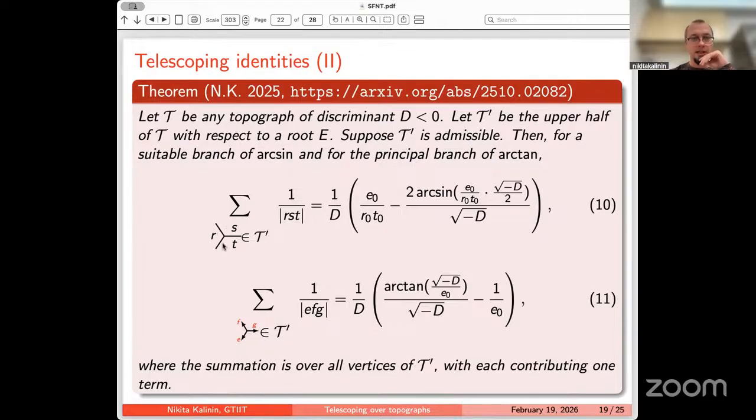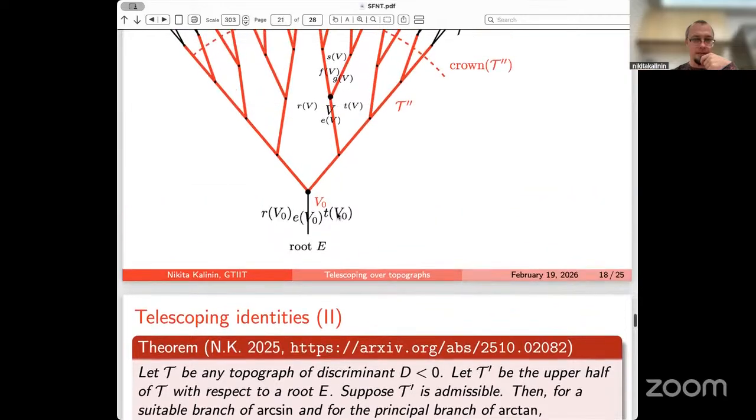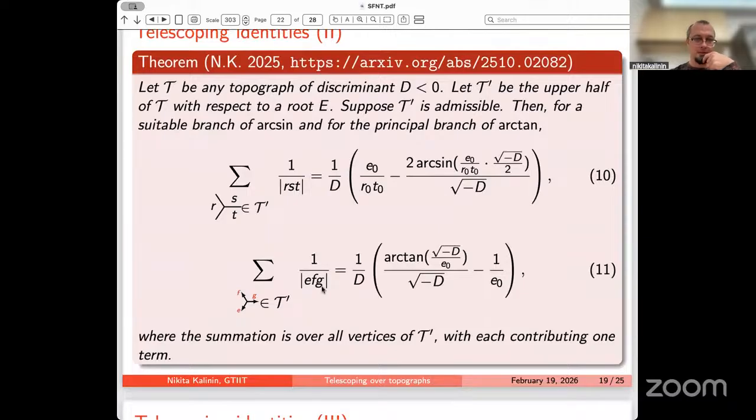The sum of this R, S, T over all vertices in this upper half tree is just 1 over D, then the value at the root, and minus 2 arcsine, the value at the root, the discriminant, and so on. So it means that to compute such a sum, you just need to know the root, right? Because these values E0, R, and T0 are the values at the root. And the same for the sum like this. Here we also have arctan, and you need to know just the label on the root. You don't even need to know the labels on the regions.